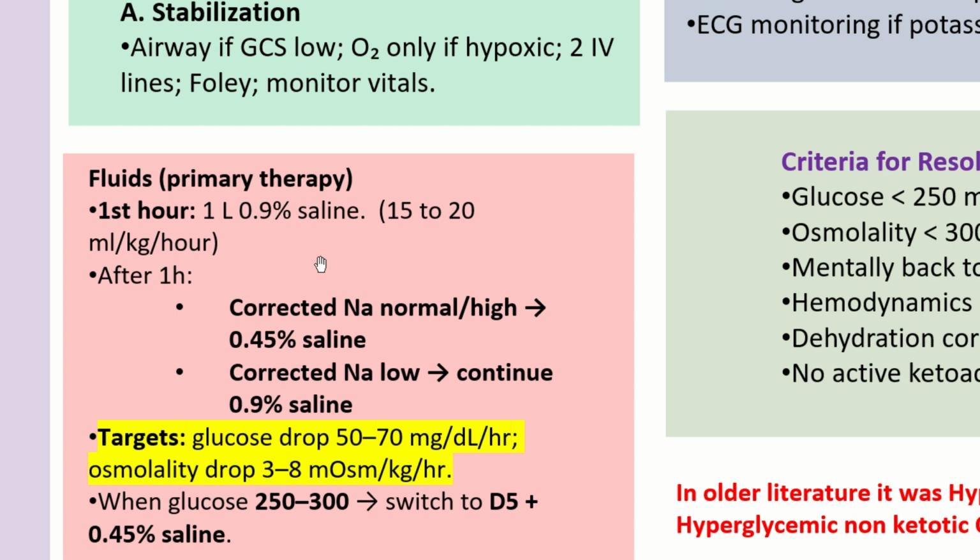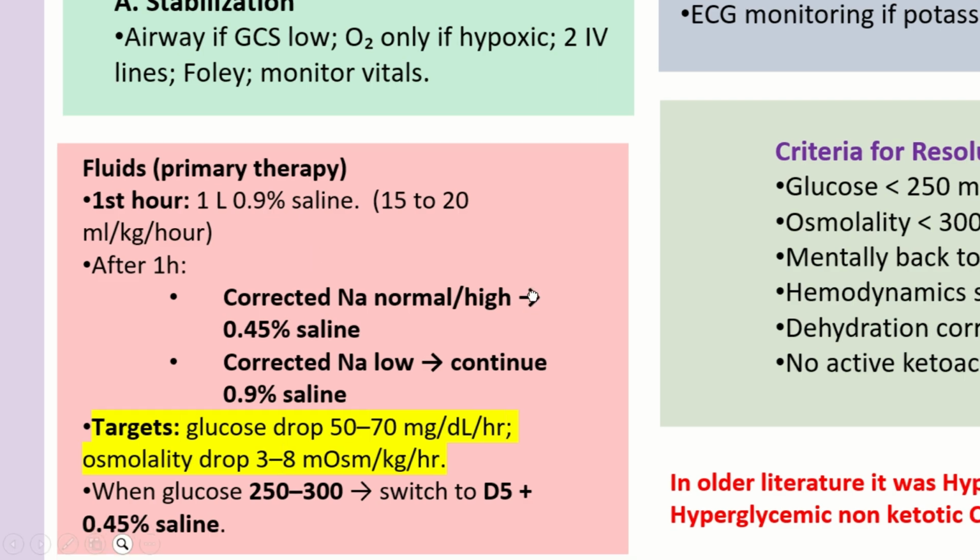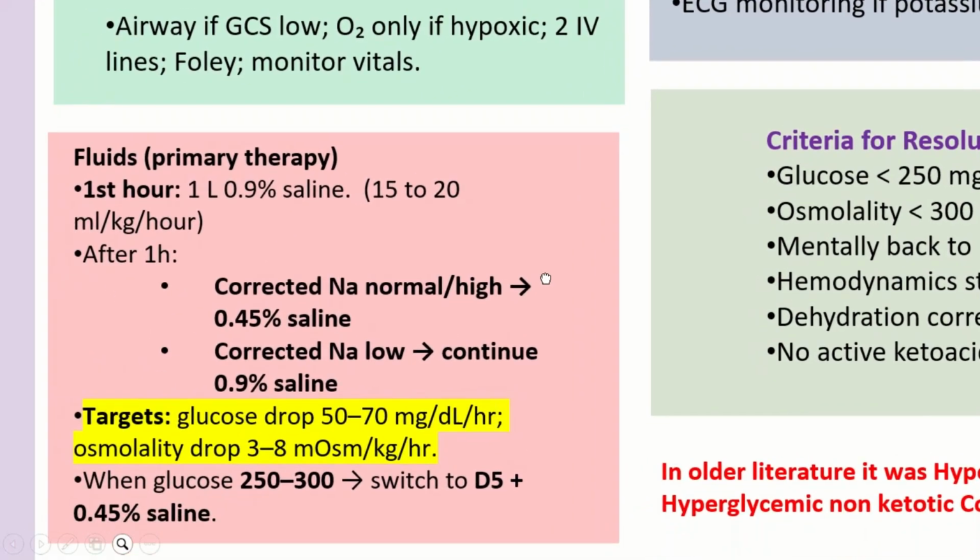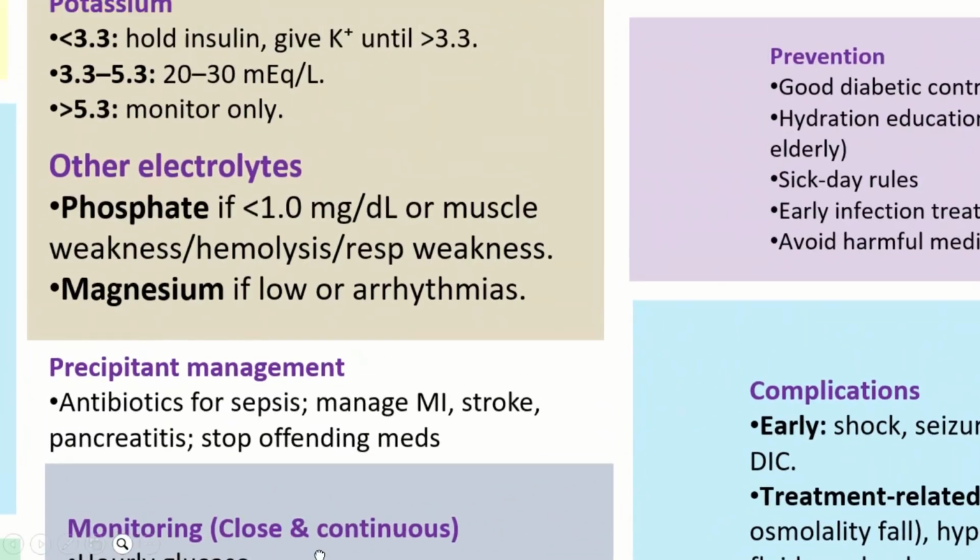The target is to drop the glucose level by about 50 to 70 milligrams per deciliter per hour, while dropping the osmolality by 3 to 8. You don't want to do this very fast. If you do this very fast, cerebral edema is going to come. Then when the glucose reaches about 250 milligrams per deciliter, you want to give D5 in half-strength normal saline, because you don't want to precipitate hypoglycemia again in this patient.